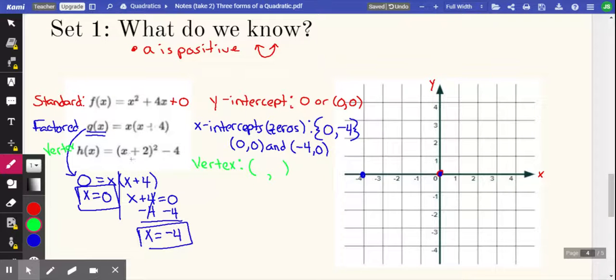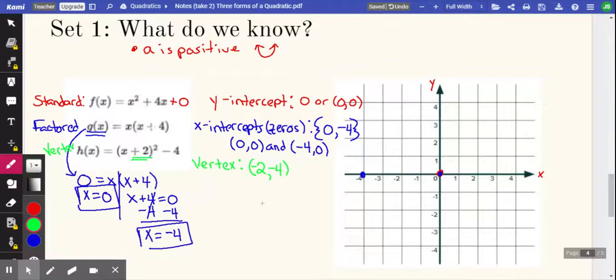The x coordinate comes from inside the parentheses right next to the x, but that x always lies. Since this says x plus 2, I know my x coordinate needs to be -2. My y is always going to stay the same, so I'm going to do a -4.